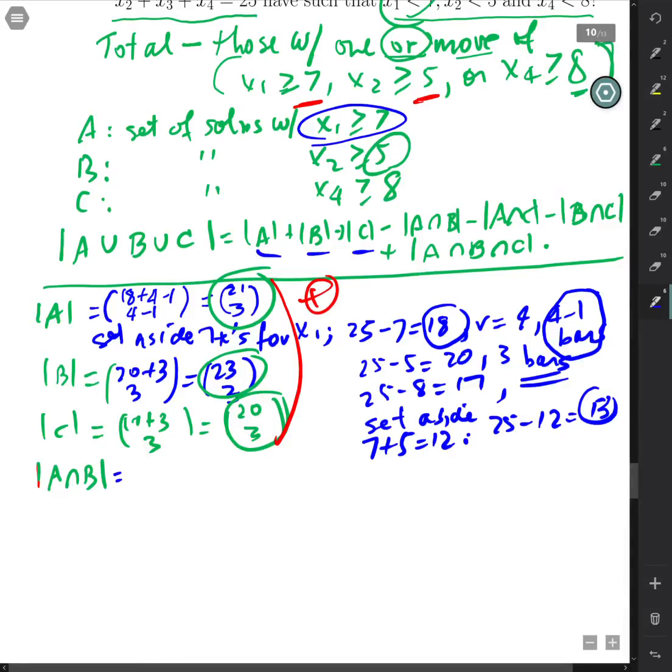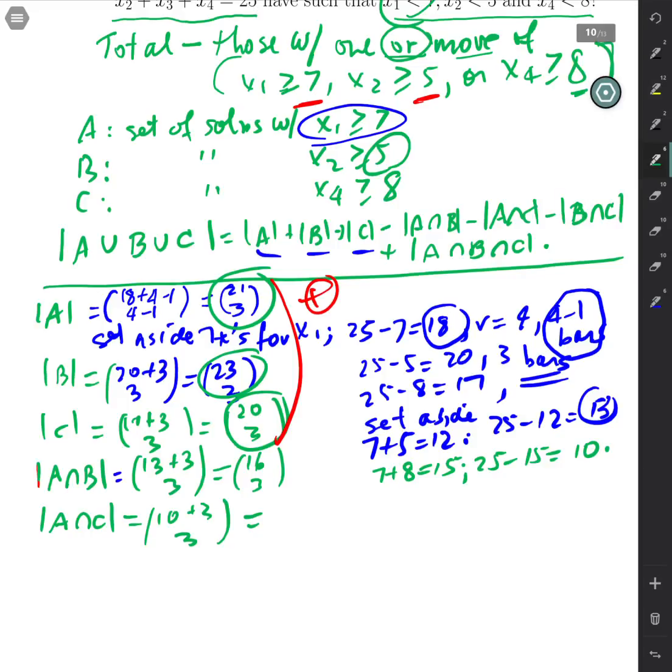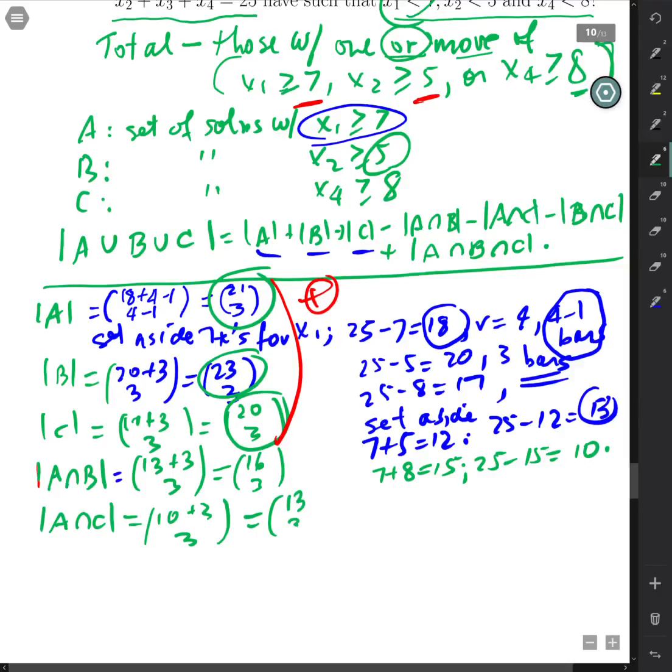So that'll be 13 plus 3, choose 3, or 16, choose 3. A intersect C, we'll set aside 7 plus 8, so 15. 25 minus 15 equals 10. So we'll have 10 plus 3, choose 3. So 13 spots, stars and bars, and then 3 spots for the bars. So that gives us 13, choose 3.